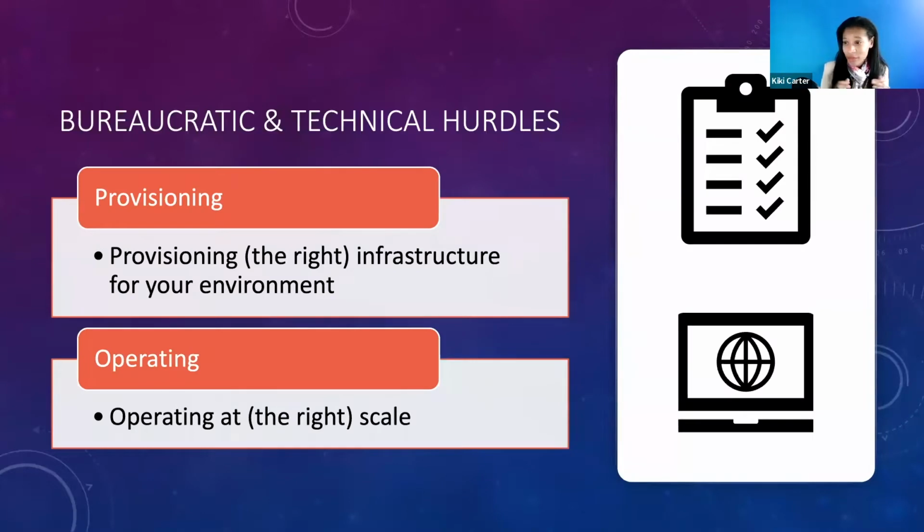Historically, there have been some real challenges with that. You've got some hurdles that are both bureaucratic and technical, and they both are related to provisioning and operating. For example, when you look at provisioning infrastructure for your environment, typically back in the days of old, you would have to speak to someone, so that's our bureaucratic part of it, in order to request certain infrastructure for your environment.